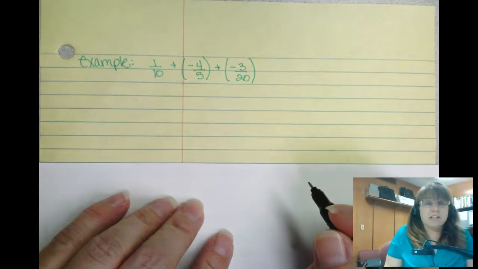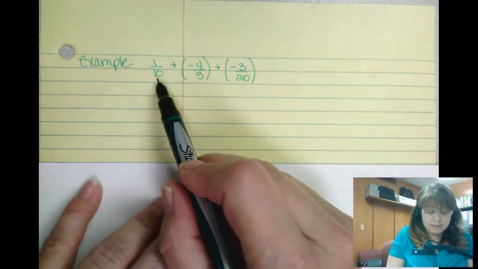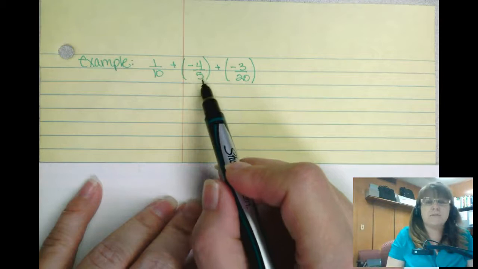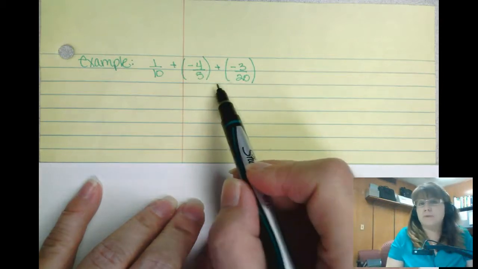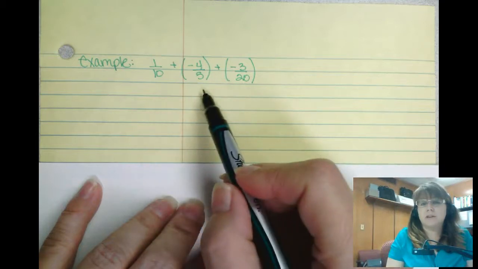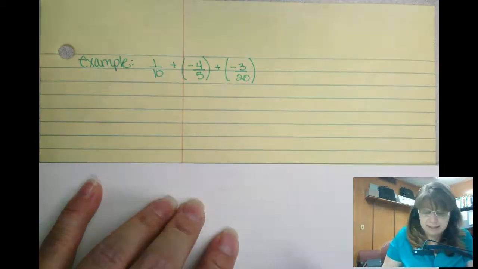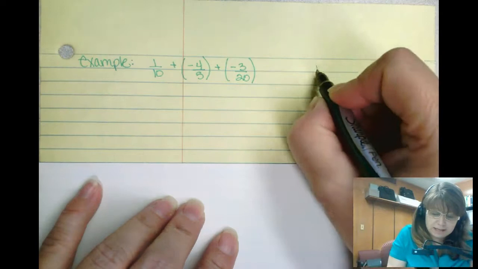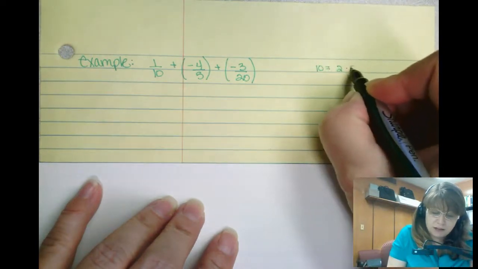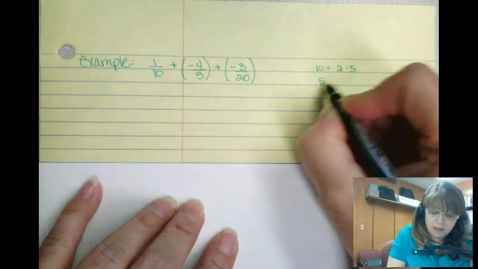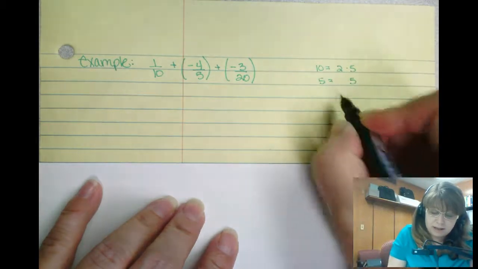So not too bad. Just remember your addition and subtraction rules of negative numbers. So I have 3 fractions, 1/10 plus a negative 4/5 plus a negative 3/20. They do not have the same denominator, so I do need to find the LCD. Off to the side, 10 is going to equal 2 times 5. 5 is just 5.